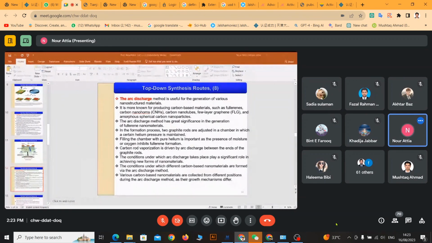Arc discharge is one of the methods used for preparation of carbon nanomaterials, top down. I told you yesterday that carbon nanomaterials or carbon allotropes include carbon nanotubes, graphene, nanodiamond, carbon nanoparticles, carbon nanofiber, and so on.